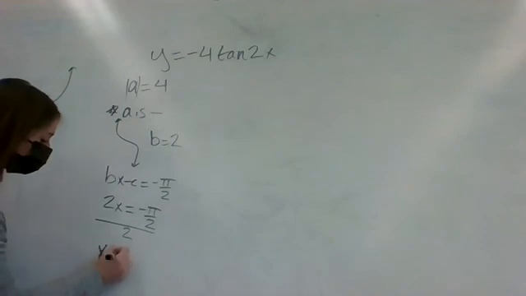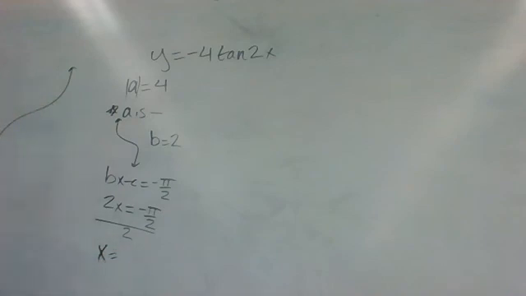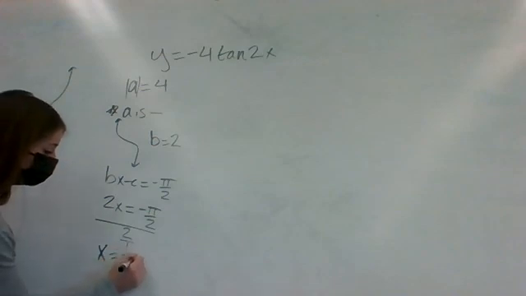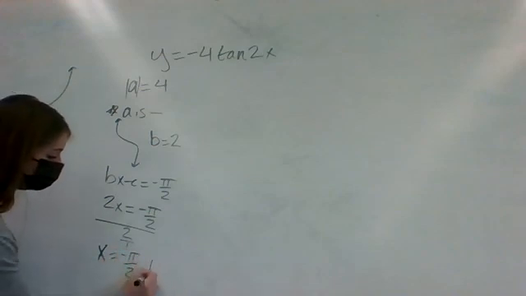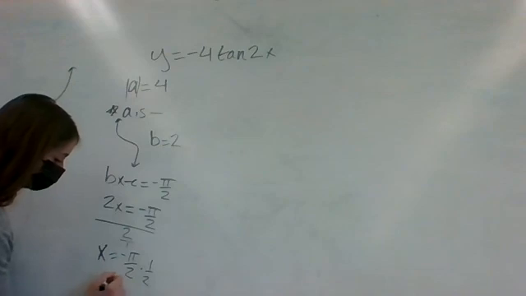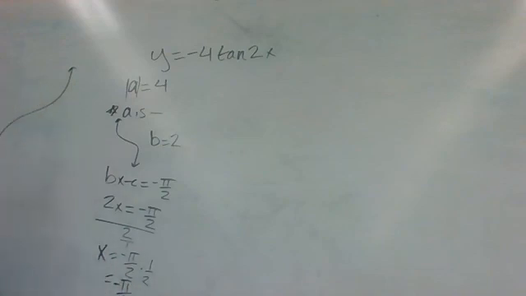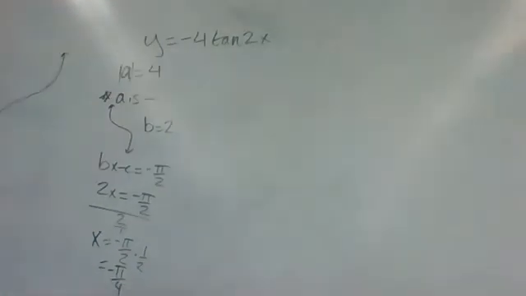So I was telling everyone, if you're dividing by a number, you are always welcome to multiply by a reciprocal instead. The reciprocal of 2, since 2 is technically 2 over 1, would be 1/2, giving us a negative pi over 4 as that first asymptote.